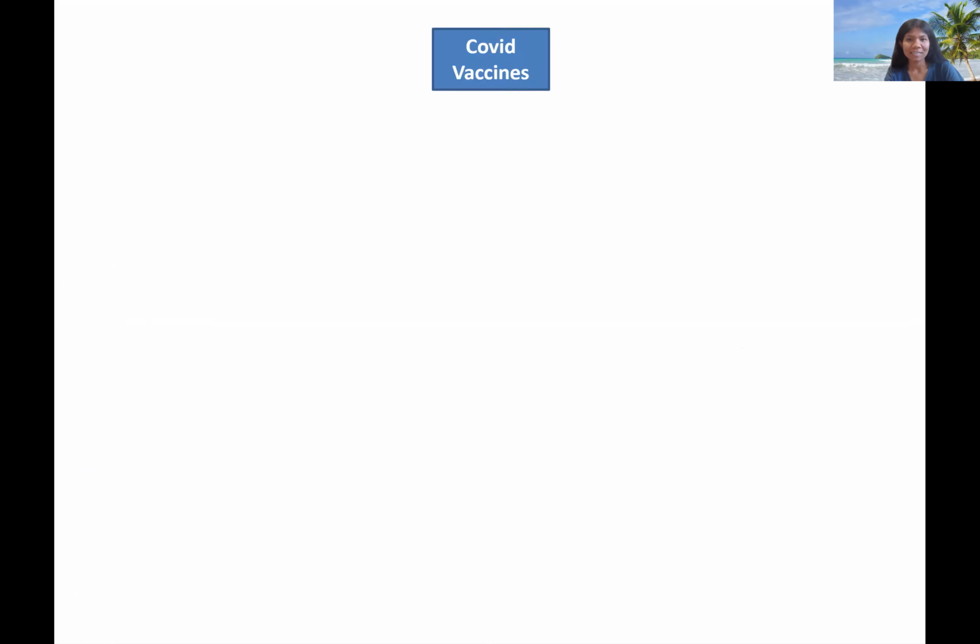So, COVID vaccines. Right now, the COVID vaccines which are available in the market are broadly classified into two different types. One is mRNA vaccines, another is viral vector vaccines.